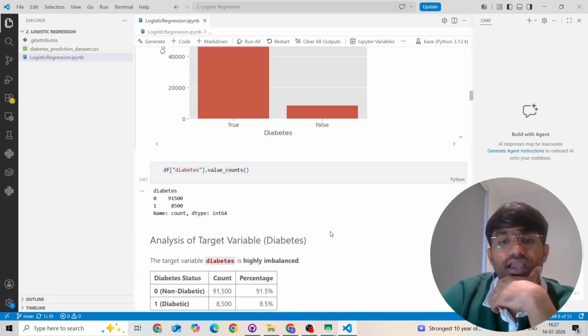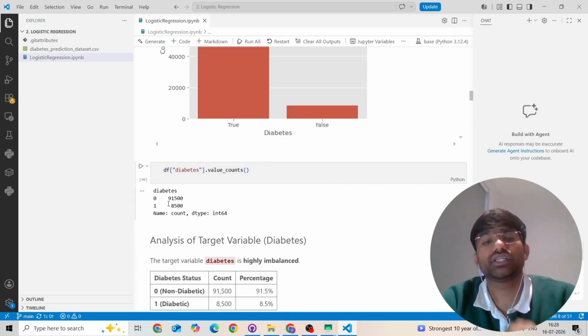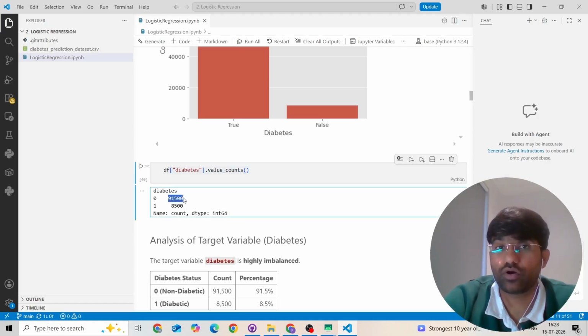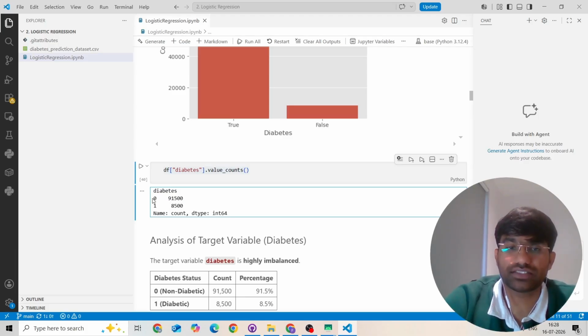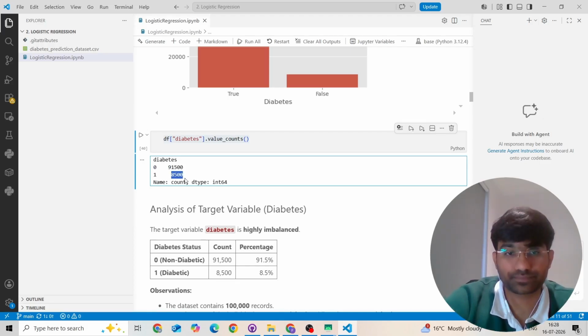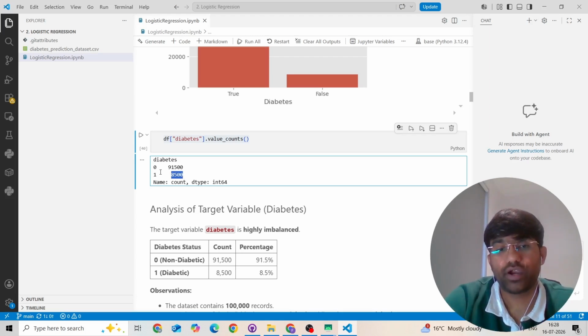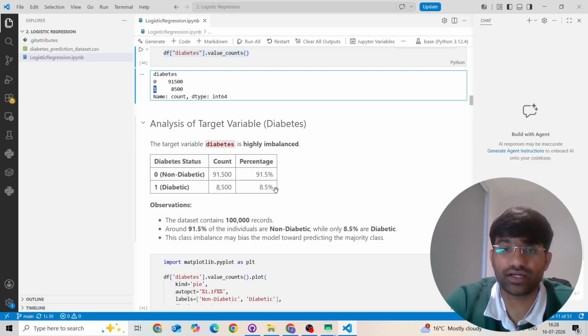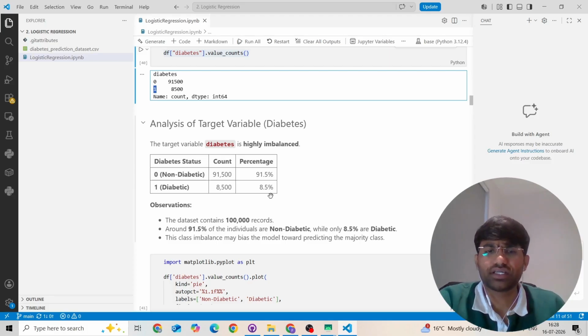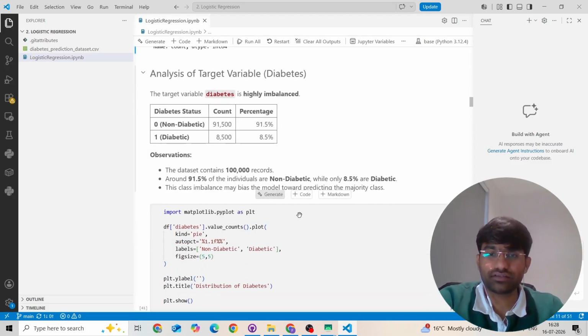To find the actual count, I have used value counts. 91,500 data points belong to the non-diabetic class 0, and only 8,500 out of 10,000 belong to class 1, that is diabetic. So the distribution for non-diabetic is 91.5% and diabetic is 8.5%.